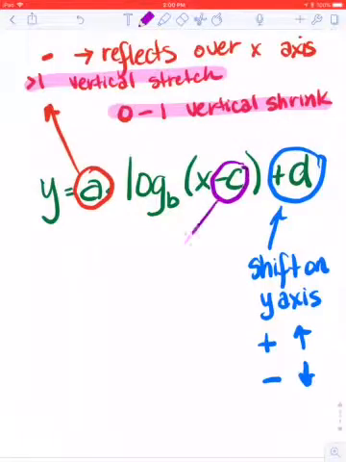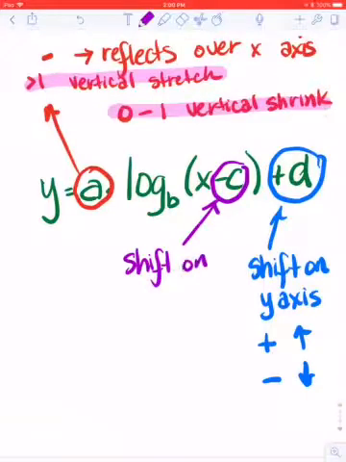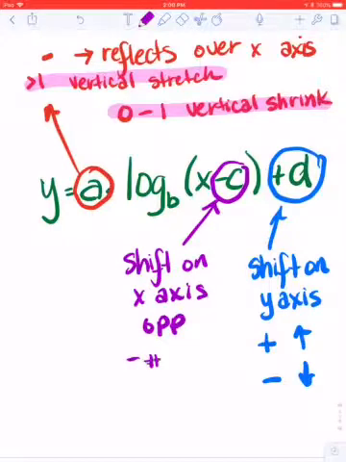Now this one's the one that's kind of tricky. That value is a shift on the x-axis, and it's always opposite. So if it's minus a number, that really means that it's going to go to the right, whatever that number is.